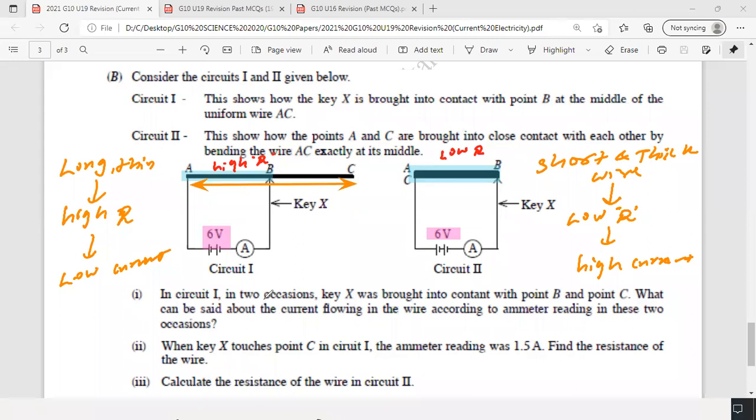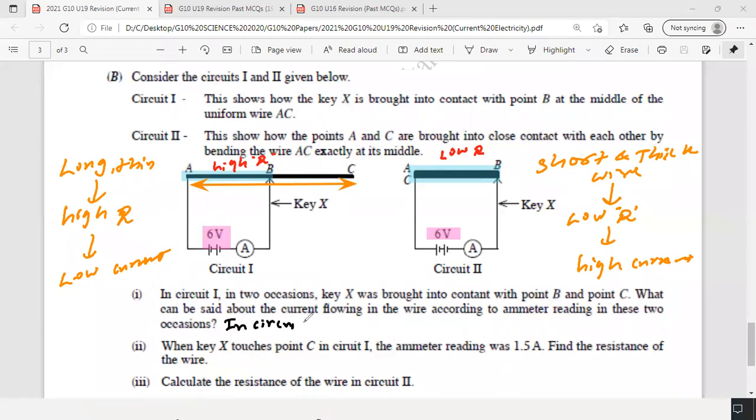In circuit 1, in two occasions, key X was brought into contact with point B. In circuit 2, the current flowing is greater than in circuit 1. So what is the answer here? In circuit 2, the ammeter reading is higher than in circuit 1.